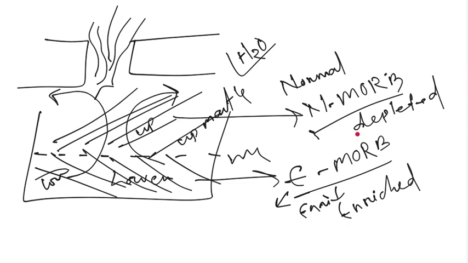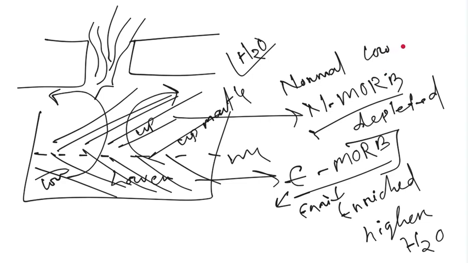You can say E-MORB has higher H2O content because it taps the lower mantle, and N-MORB has lower H2O content.